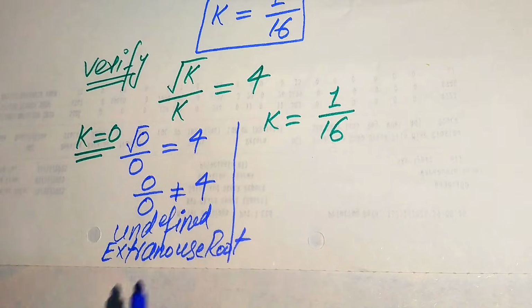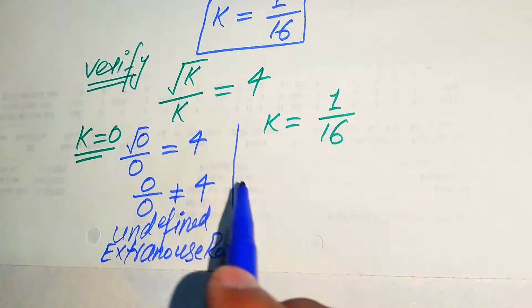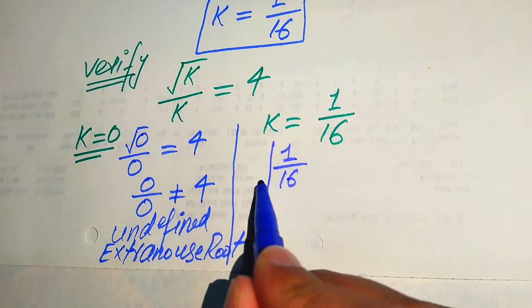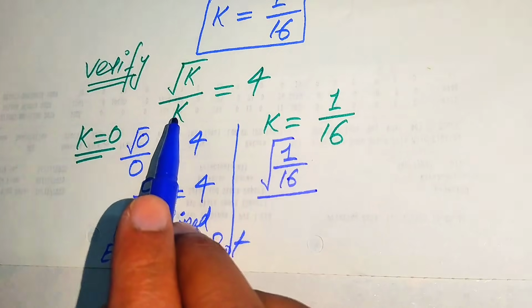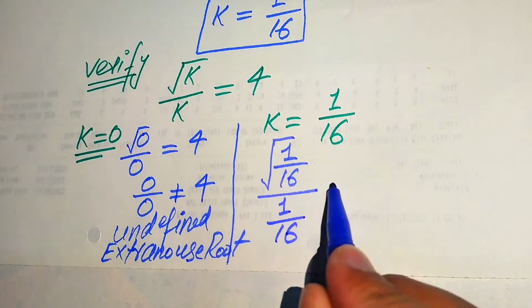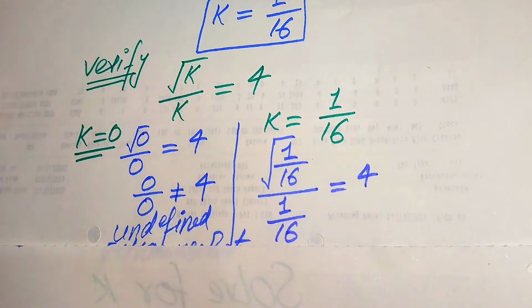So in the next step, we verify the second value of k, and when you put this value here, it becomes the square root of 1 over 16 divided by 1 over 16, and here we substitute, and this is equal to 4. Further, in the next step we need a little bit more simplification.